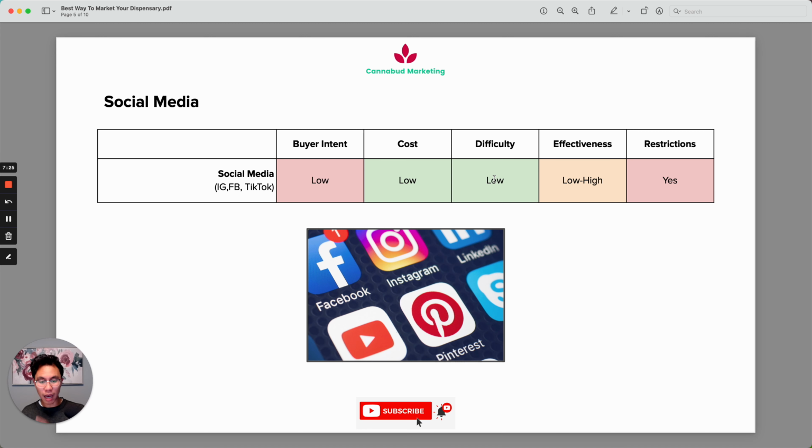The difficulty in content actually lies in the consistency. How consistent can you be on the social media platforms? And then again, like how good are you at the actual content, right? Are you just putting up a meme and then a caption and that's it, and then you're getting 1 to 2 likes? That's not very good. So in terms of difficulty, you can make anything as difficult as you want. But again, the low buyer intent coupled with the restrictions on the social media platforms.